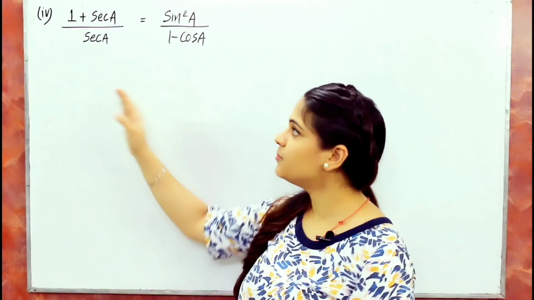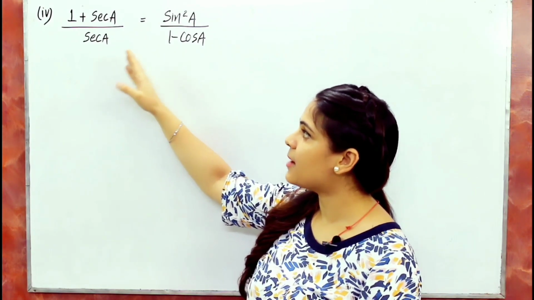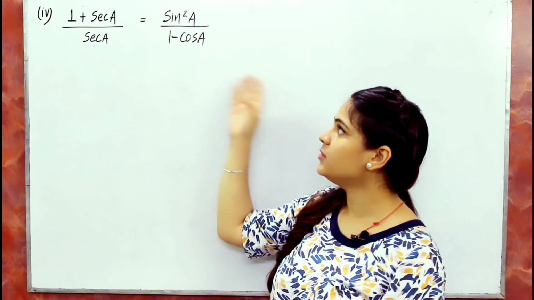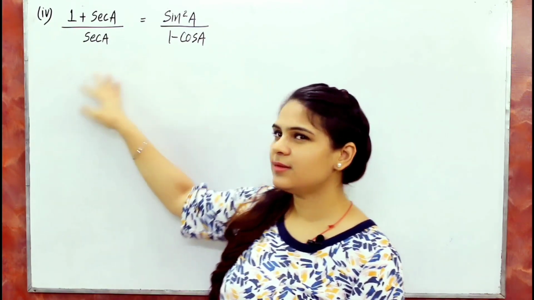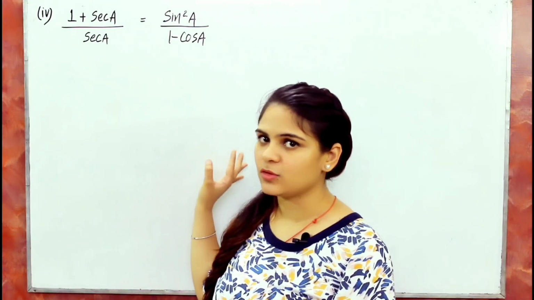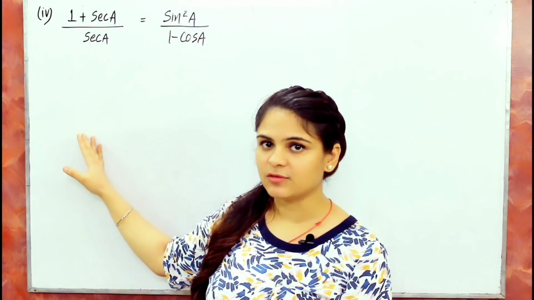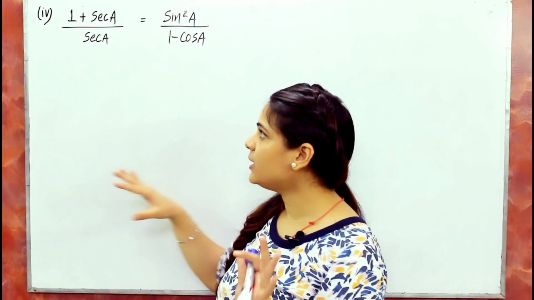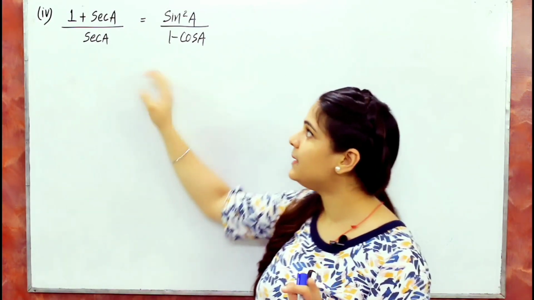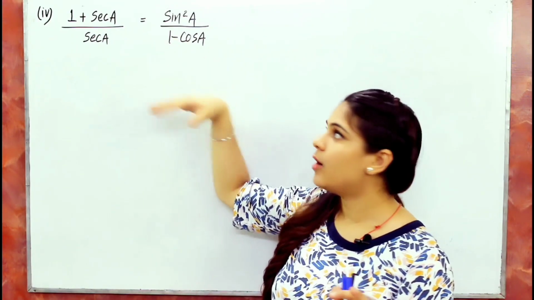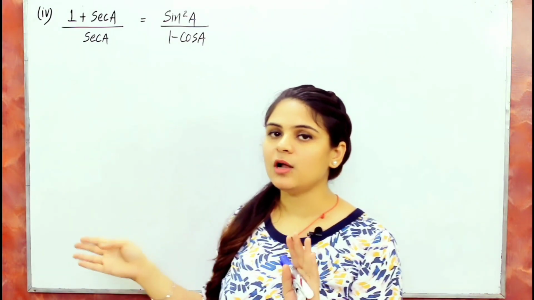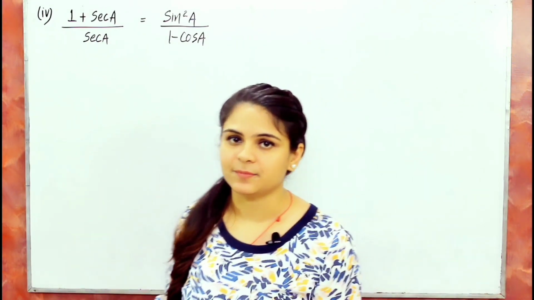Question number 5, fourth part is 1 plus sec a upon sec a is equal to sin square a upon 1 minus cos a. You can see both sides are equally complex, so you can start from LHS as well, or you can solve RHS. And if you are not able to convert one side completely into the other, what we can do here is solve both LHS and RHS.